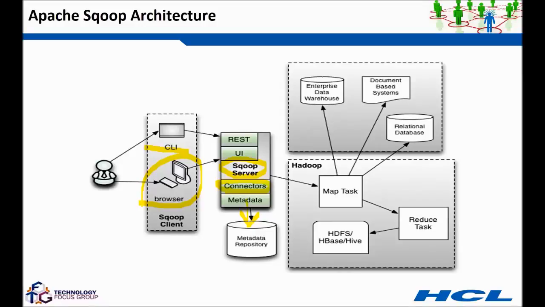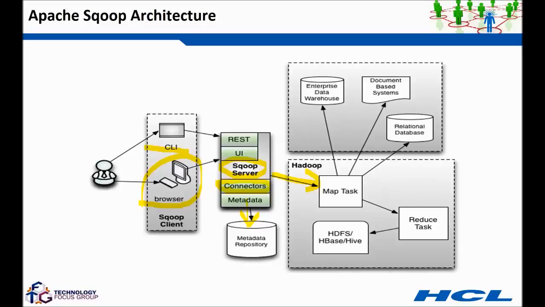Once you run your command, internally map jobs will be launched, so the MapReduce framework will come into play. Say you are importing data from your RDBMS system. The map jobs will get the data in parallel and start writing CSV files, or whatever format you choose, into your HDFS storage.